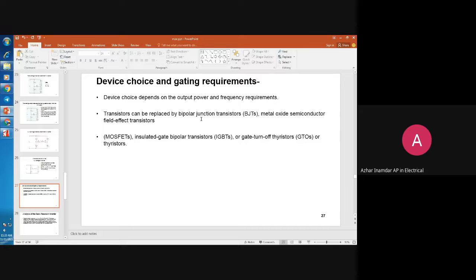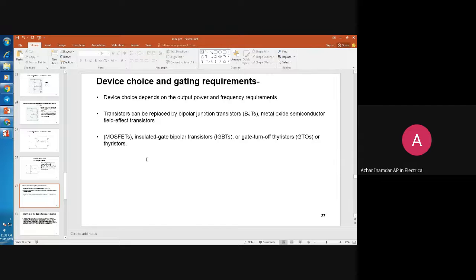We know that at period of T. So transistors require a continuous gate pulse. So this is the device choice and gating requirements. You can use either unidirectional devices or bidirectional switches.